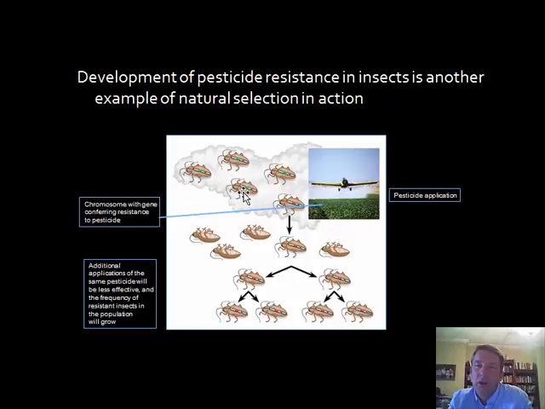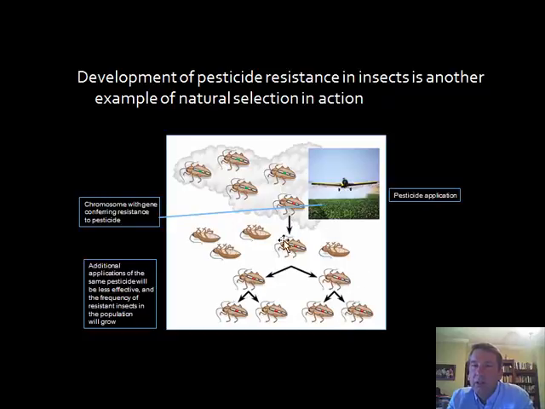All these ones with the green marks do not have that gene for pest resistance. So when pesticide is applied to the crop here, all of them die except for this individual here, and it survives.